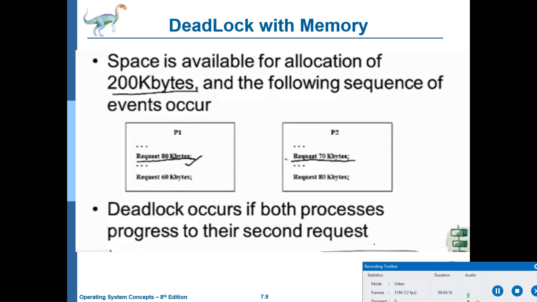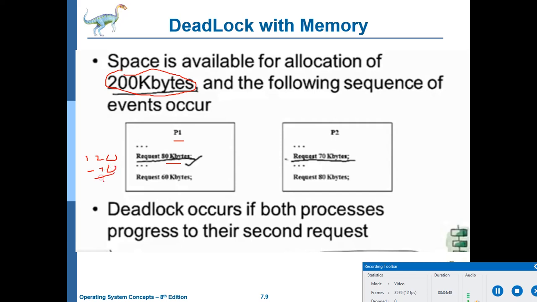Another example of deadlock is with memory. Suppose we have a total memory space of 200 kilobytes available, and the following sequence of events occurs. Process P1 requests 80 bytes, so 200 minus 80 leaves 120. At the same time, process P2 requests 70 bytes, so 120 minus 70 is 50.